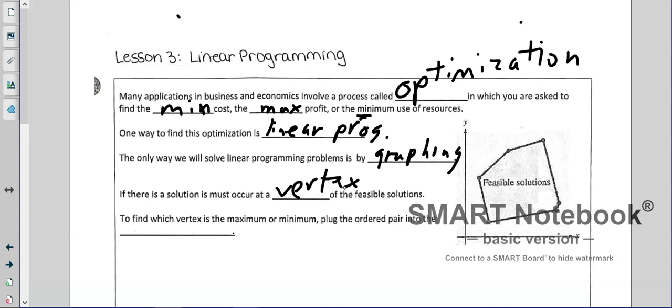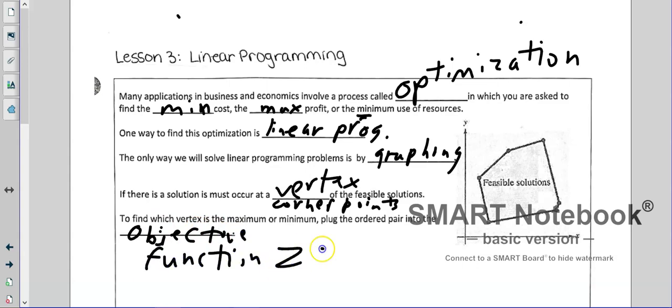A vertex, we'll also refer to them as corner points. And to find which vertex is the maximum or minimum, plug in the ordered pair into the objective function, which we referred to in the previous lesson. And remember, that's always going to be a z equals.